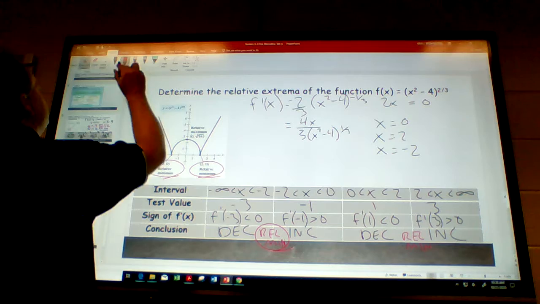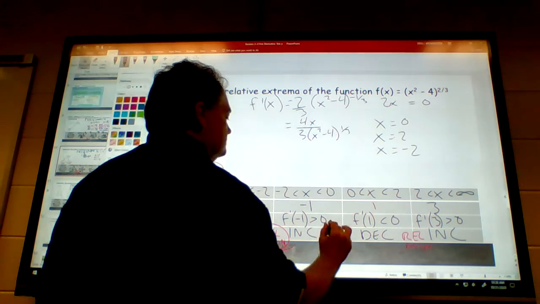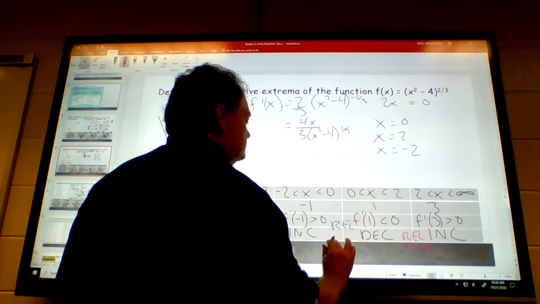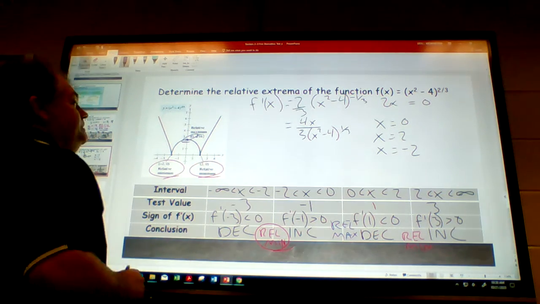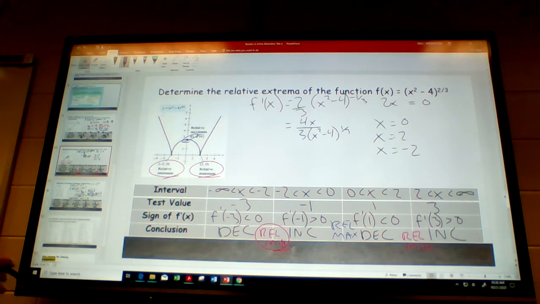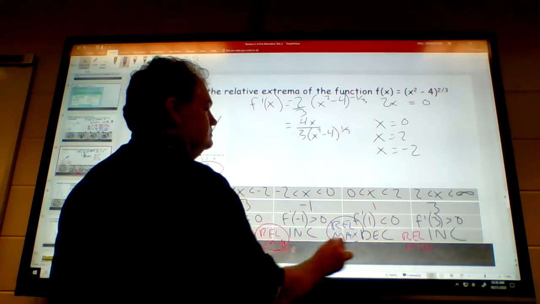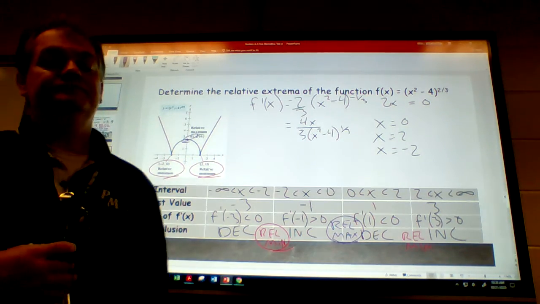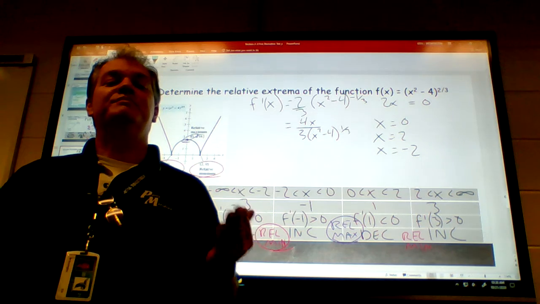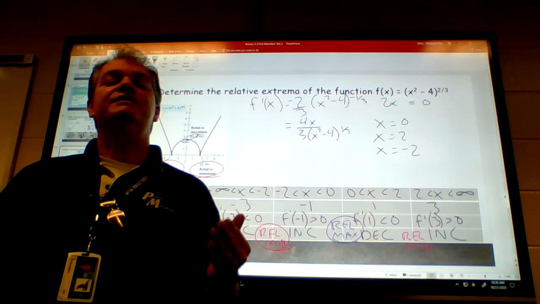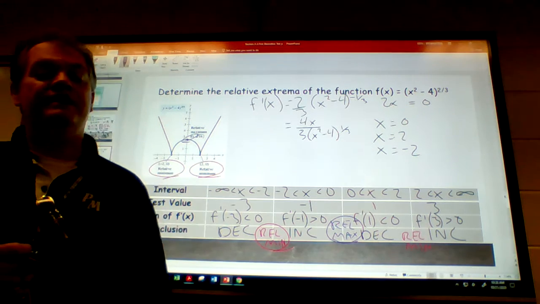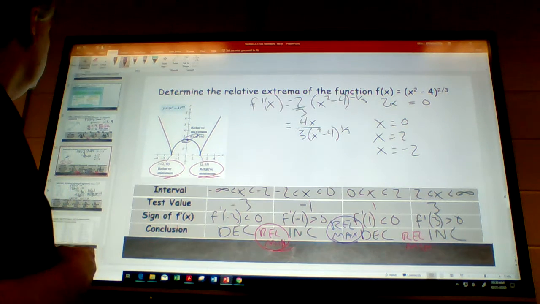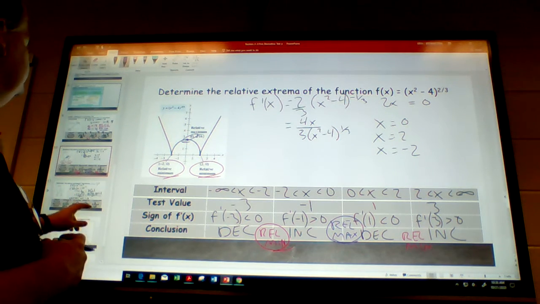Then you have a relative maximum right there, which is evident right there. So, by determining whether they're increasing or decreasing, you could determine where the relative minimums or the relative maximums are.